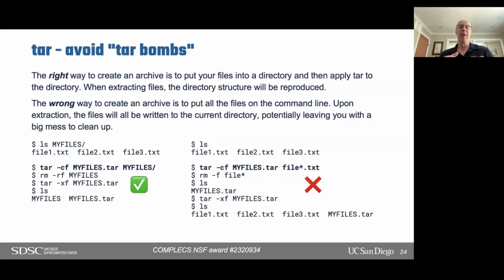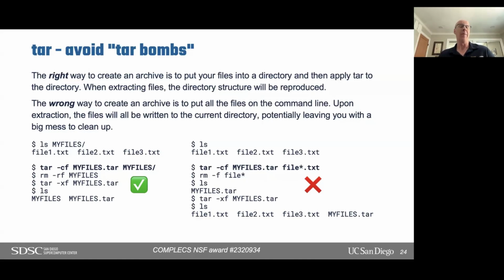Most people know to create archives from a single directory, but I've already encountered these tar bombs. It's not usually done maliciously. It's just because somebody was a little careless with how they used tar. And you can see an example here on the right where I created a tar file just from a list of files. In this case, it wasn't so bad. It was just 3 files, file 1, 2, and 3.